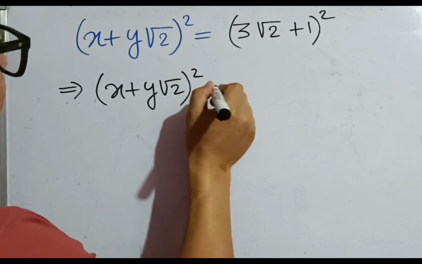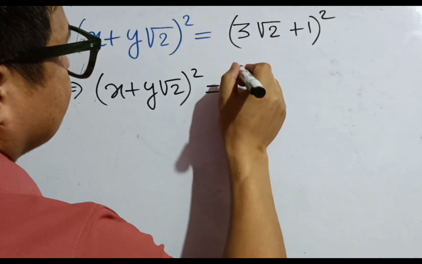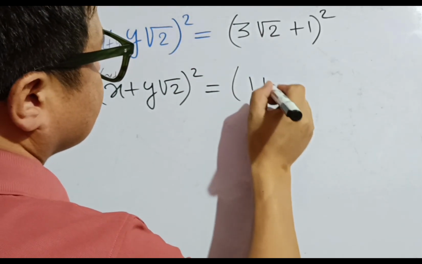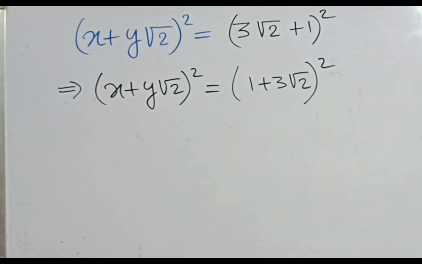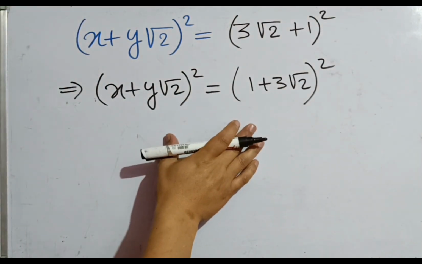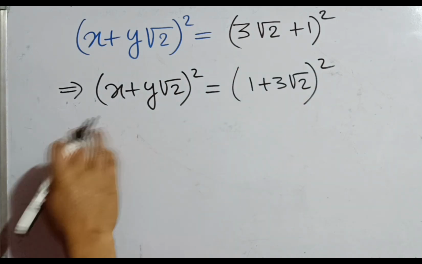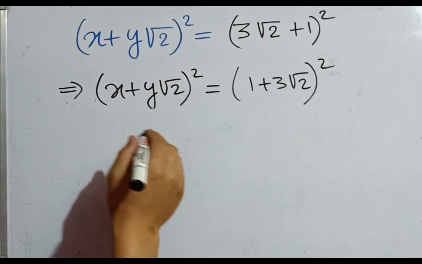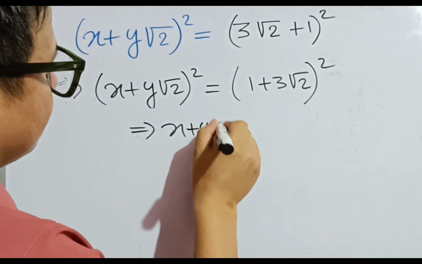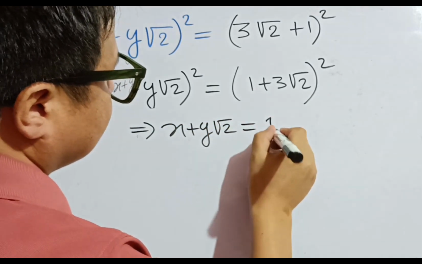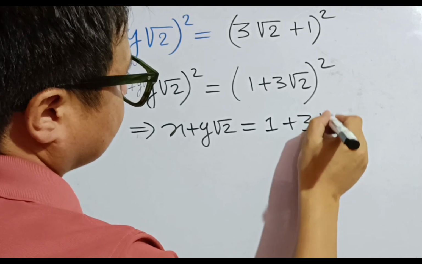Now we can write (x + y√2)² = (1 + 3√2)². These two expressions are equal and they have the same exponents, so their bases are equal. This implies that x + y√2 = 1 + 3√2.